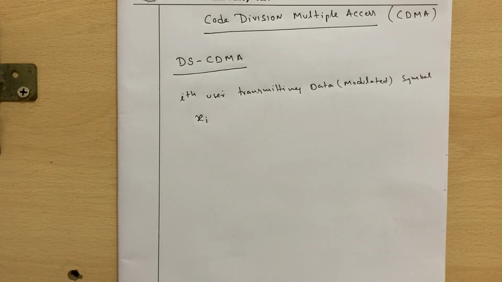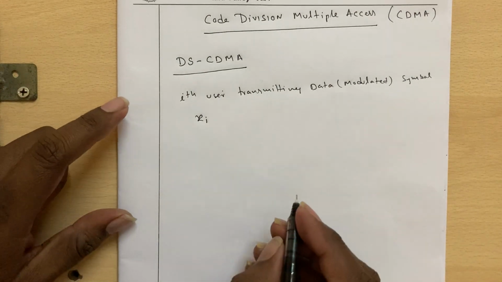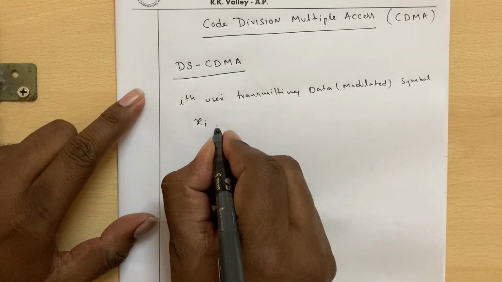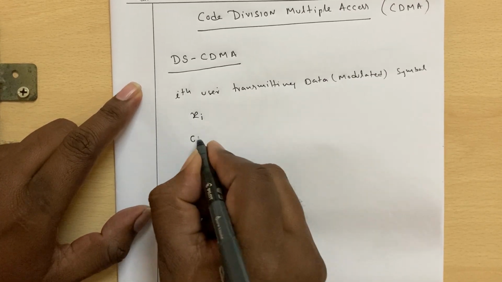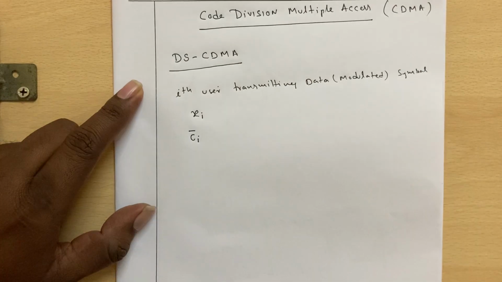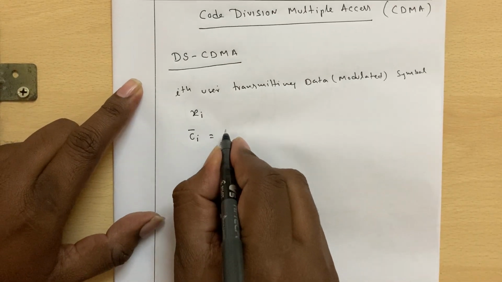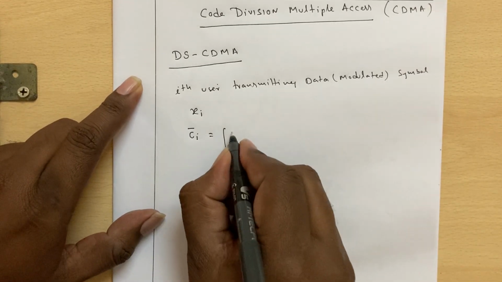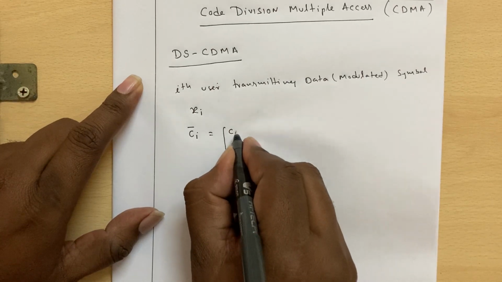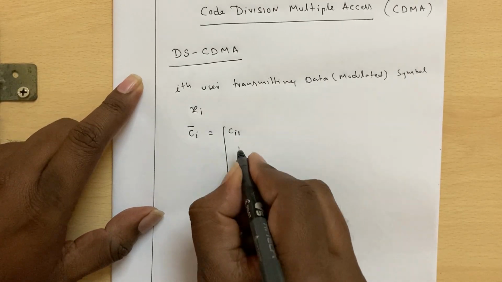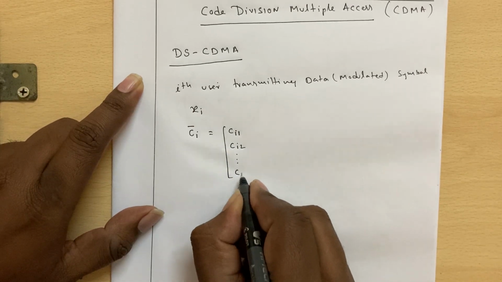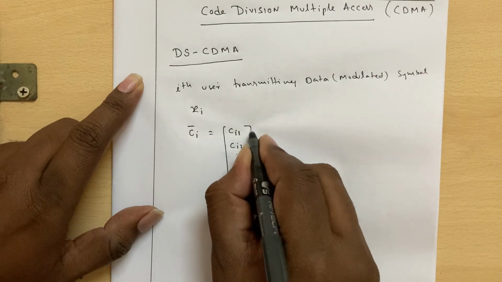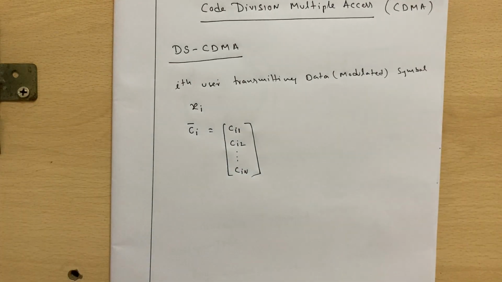How this user will transmit this data symbol through the CDMA system is that the ith user will be assigned a code word something like this. The code word is a vector of code bits, or what we call chips: c_i1, c_i2, like this.